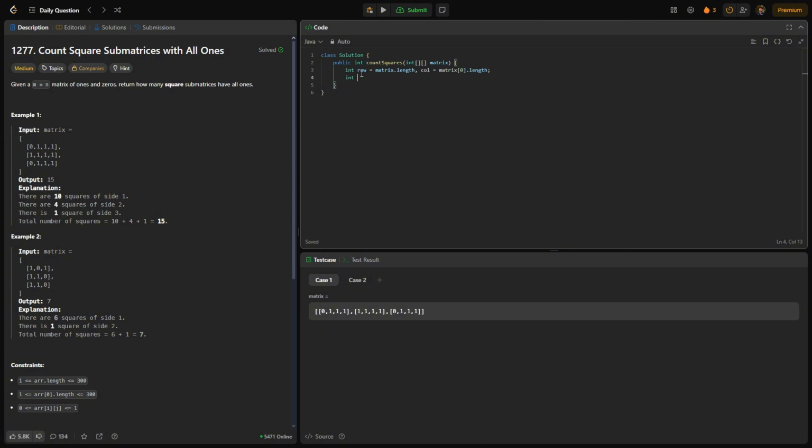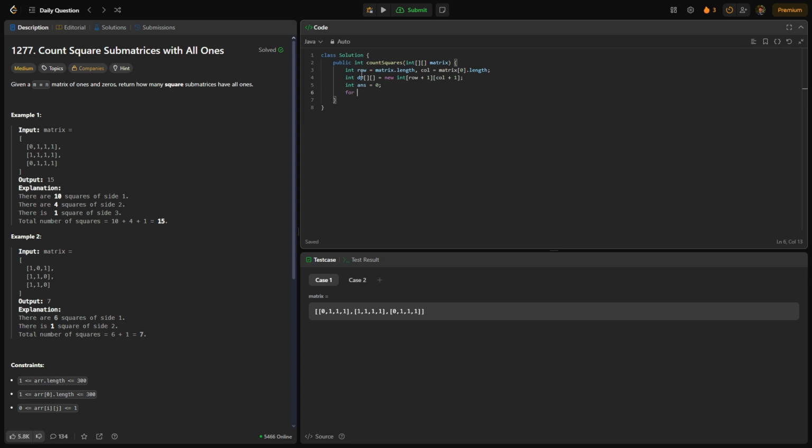And then we're going to have an integer called dynamic programming, which is going to be a matrix. And that is a new integer double array. But remember, we need row plus 1 and column plus 1 because we need that extra room so we don't go out of bounds. Then we're also going to have an integer answer, which will be 0.